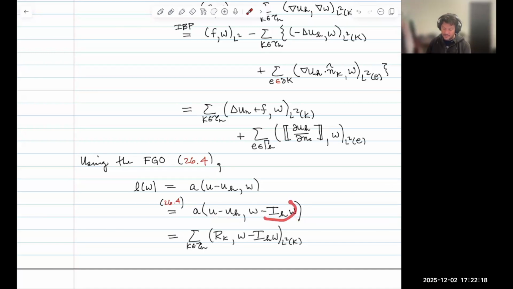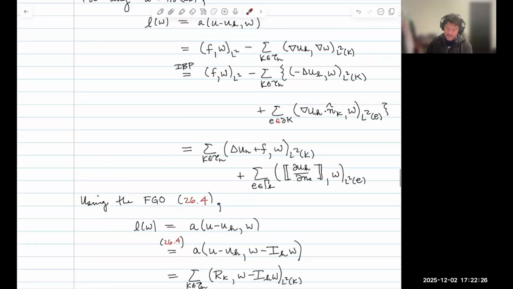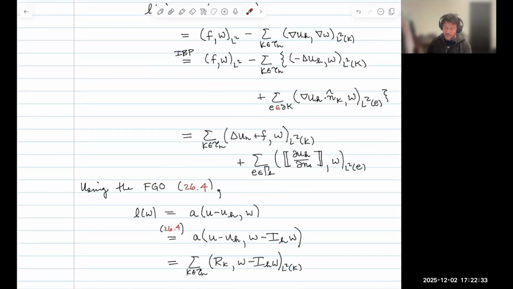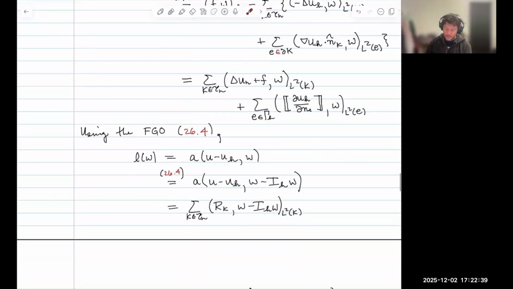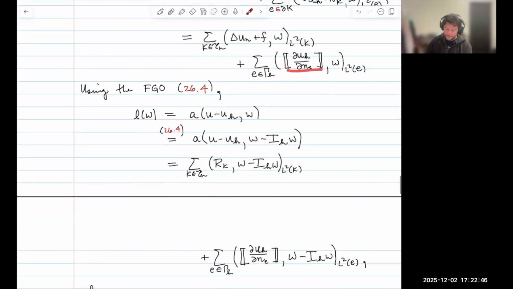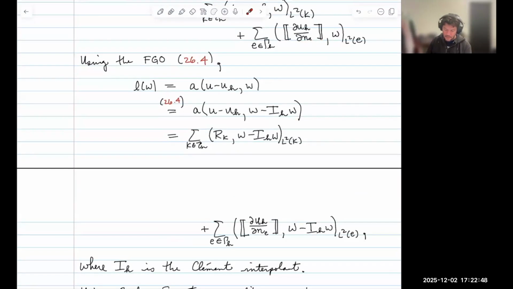So when I add this term in against that in the A inner product, that is basically zero. So it doesn't even appear. But notice that this calculation held for all W in H01. This is also in H01. So then all I have to do is replace this object here with that difference. Okay. This object here is what? That's my RK residual, and this is the RE residual. Okay. I should have written it that way.